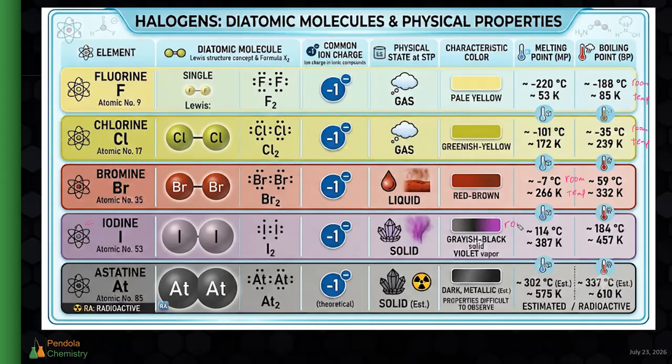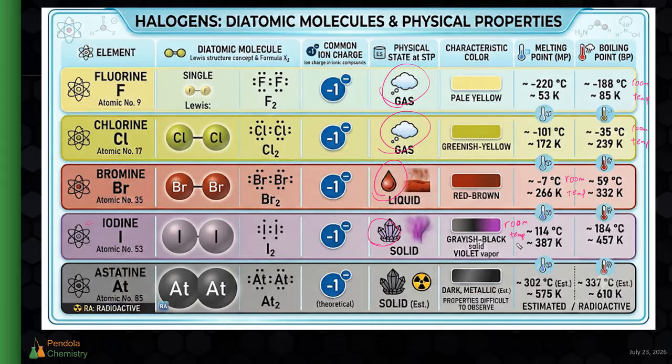I mean, room temperature is down here. So it hasn't even melted yet. So that's why iodine is a solid at room temperature. So that's where these states of matter come from. The fact that room temperature is above the boiling point for fluorine and chlorine, between the melting and boiling point for bromine, and below the melting point for iodine.